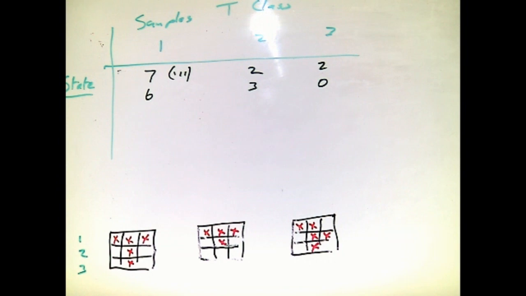In decimal? 4. 4, yeah. And the middle one? 1, 0, 0. Third pattern? 1, 0, 0. Yeah. So for the different mapping, we're getting different states. In this case, it's consistent.